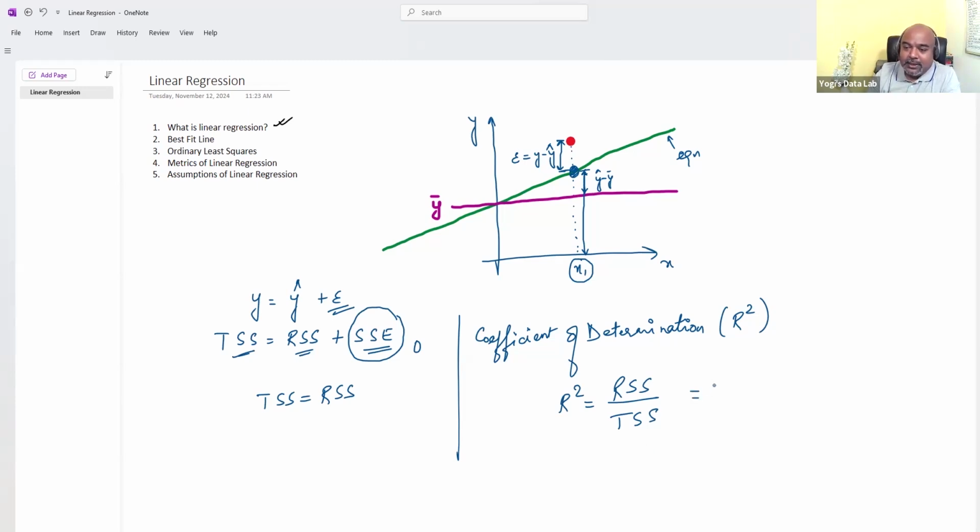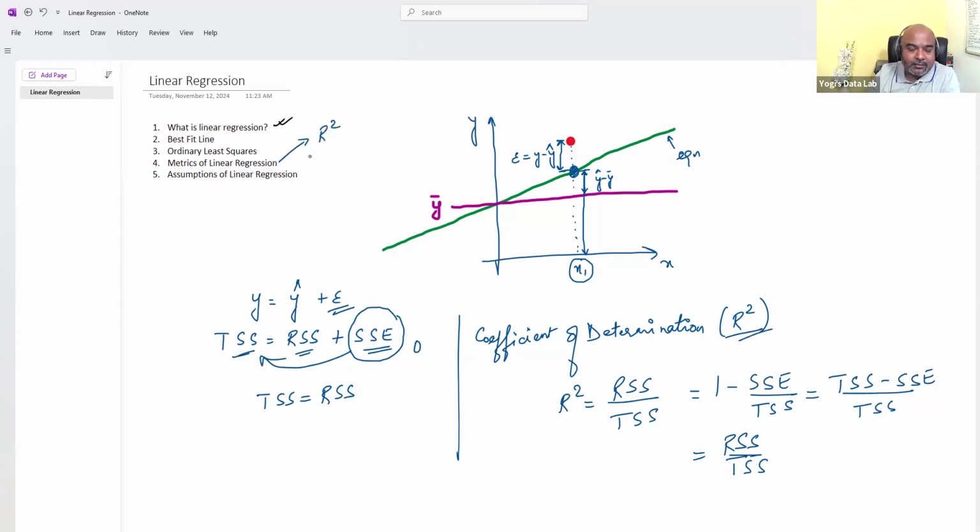And this can also be written as 1 minus SSE divided by TSS, which if you solve, is nothing but TSS minus SSE divided by TSS. And we know that TSS minus SSE is nothing but RSS by TSS. So this is one important metric that we talked of, which is known as R square.